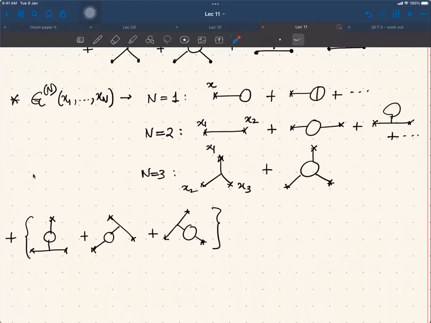I'm changing this configuration and writing them in this way because I want to maintain the same locations for the labels x1, x2, x3.